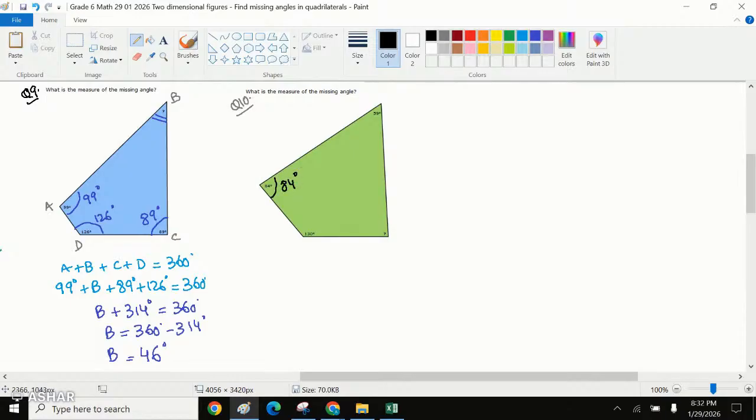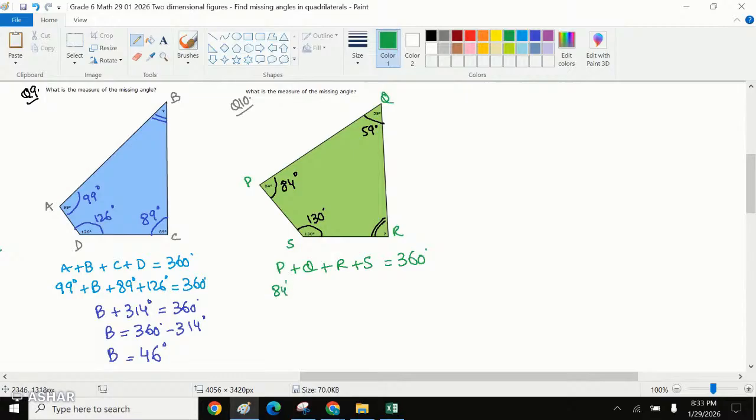If this was 84, 130, and 59, there's a reason why I skipped that. How about this? This missing angle, if I label this as P, Q, R, and S, that means P, Q, R, and S would be 360.